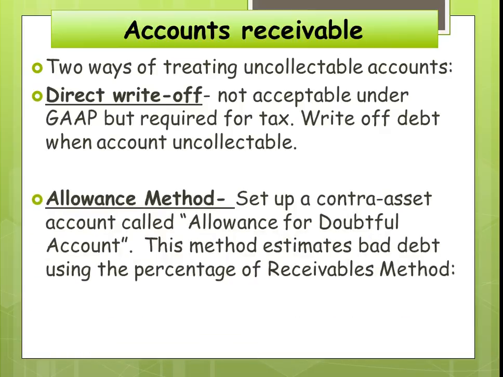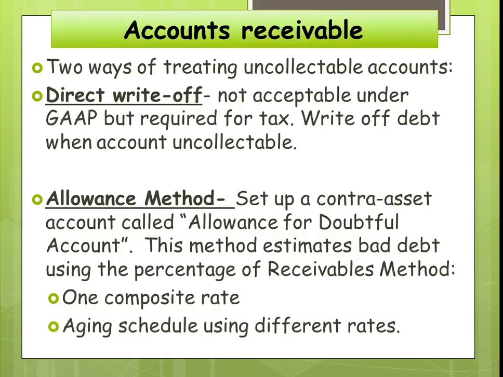And then we have the allowance method. In the allowance method, we set up a contra account called allowance for doubtful accounts, and we estimate how much we don't think we're going to collect using the percentage of receivables method. We can either use one rate or we can actually age our receivables using different rates. And the rule usually is the older the account, the less likely we're going to collect it.